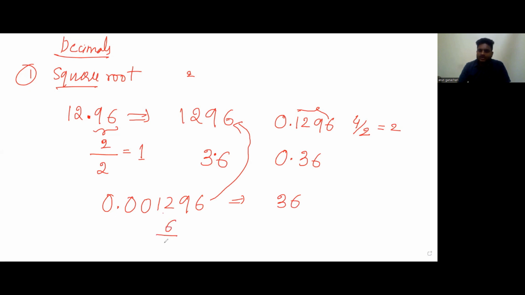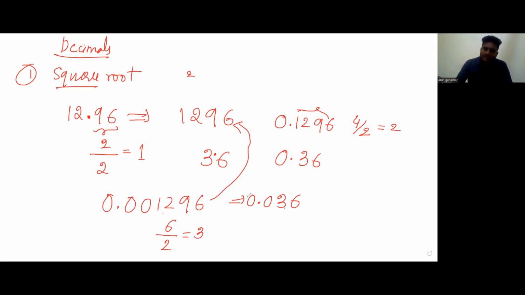This 6 I have to divide by 2. I'll get 3. So my answer should have 3 digits after the decimal. 1, 2, the third is not there, so I'll place a 0. So my answer will be 0.036. Getting this?